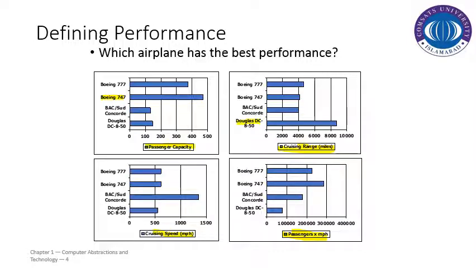The same concept is applied to a computer system as well. We have different performance parameters or metrics that are used to evaluate system performance, either within a system or when comparing with other systems. So we have to see those performance metrics or factors that affect the system performance.